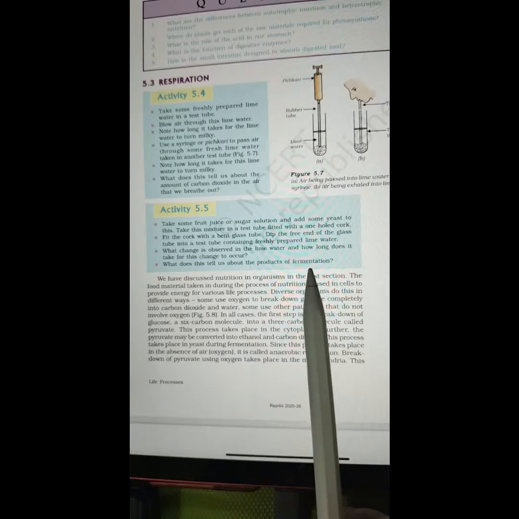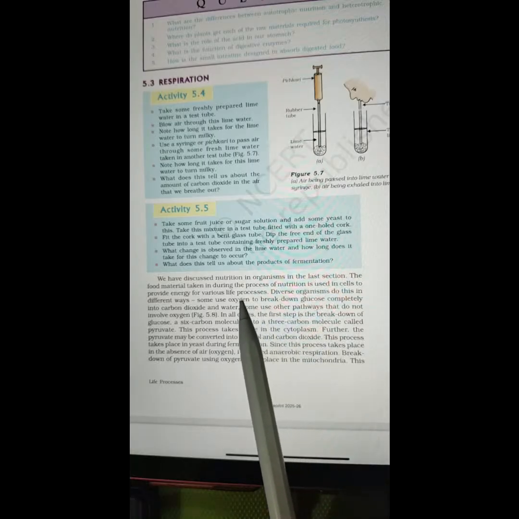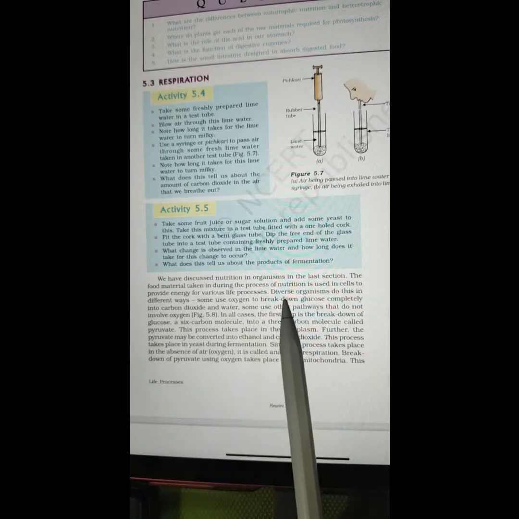Yeast. Cork, fermentation. Life processes, diverse. Carbon dioxide, pathways.